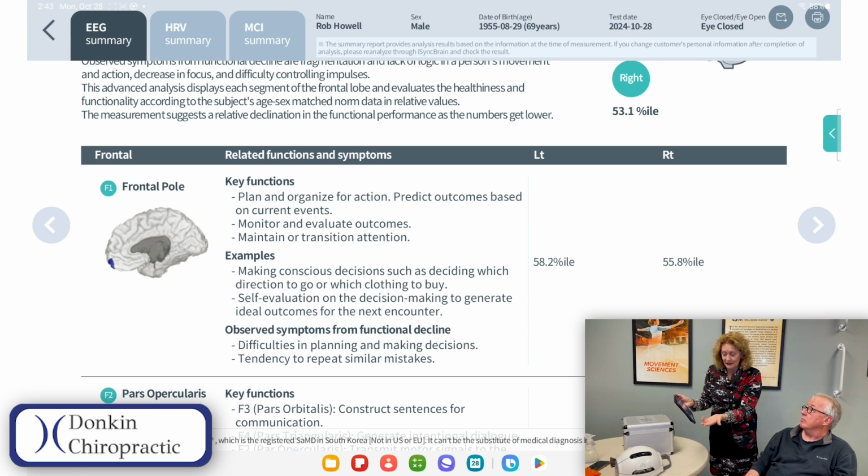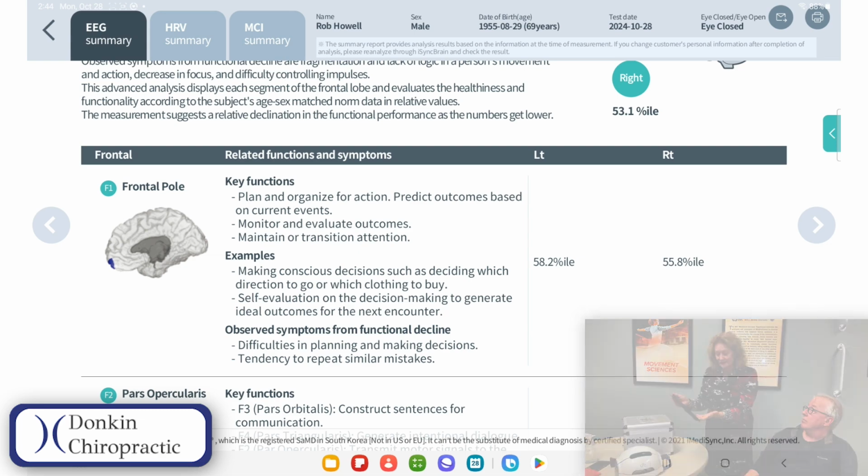The functions of that are to plan and organise for action, predict outcomes based on current events, to monitor and evaluate outcomes, and to maintain or transition attention, all right? So examples would be making conscious decisions, such as deciding which direction to go or which clothing to buy, and self-evaluation on the decision-making to generate ideal outcomes for the next encounter.